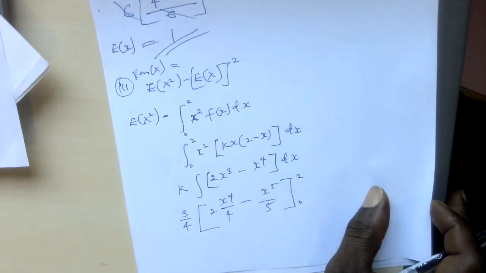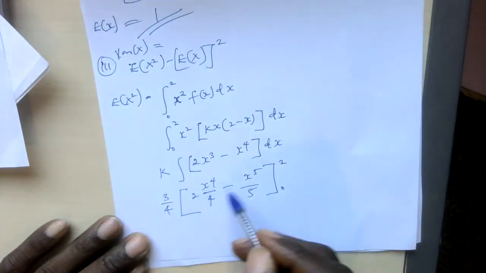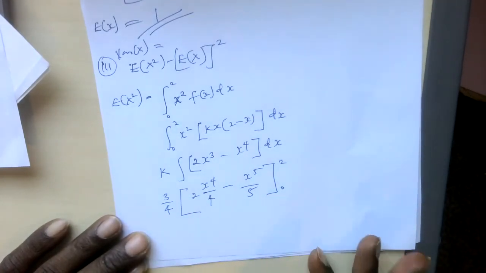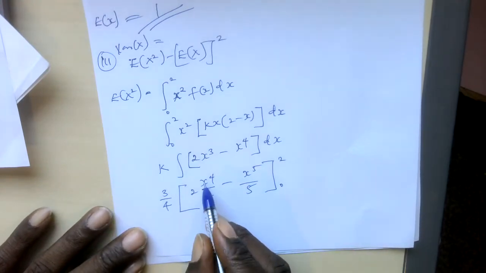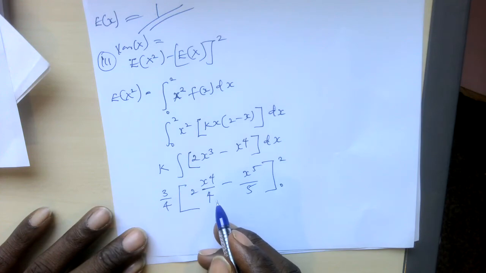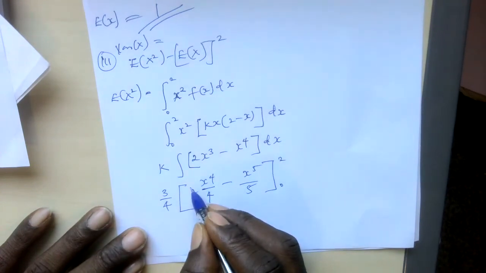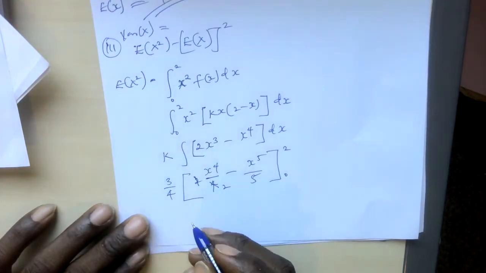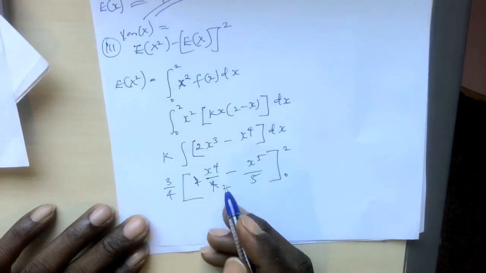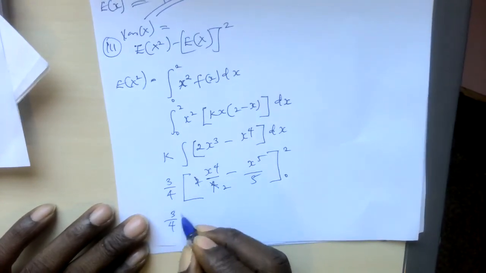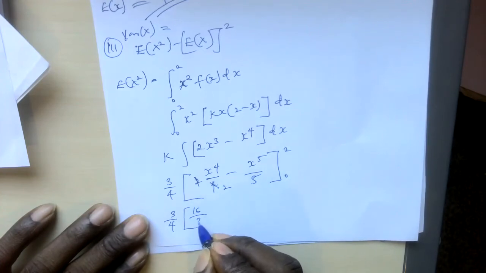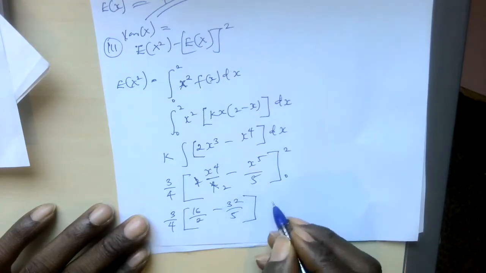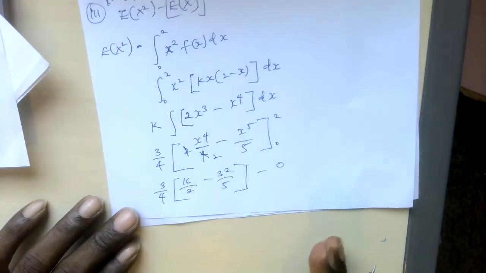From here, if you substitute 0 throughout, the 0 part will be 0, of course. So put 2 in here. Putting 2 here, we have 3 over 4 times 16 over 2 minus 2 to the 5, 32 over 5, right? Minus 0, of course.